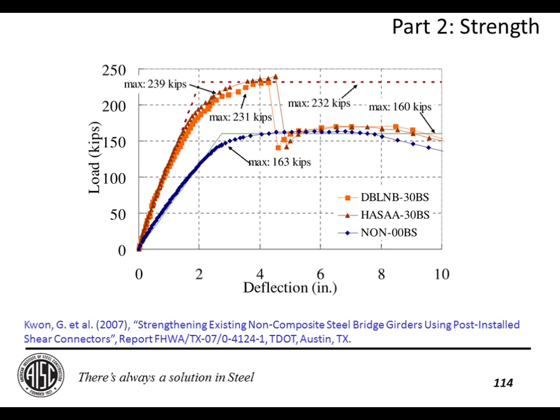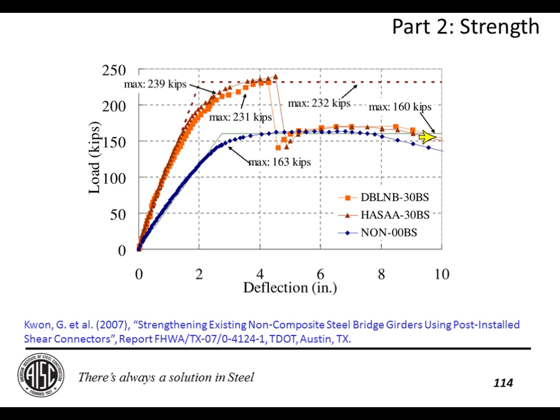This has been shown, again, in experiments. Here you're looking at a load versus deflection curve for a couple of beams. This beam here in blue was a non-composite member, so it was pushed up to failure. And then the beams in orange and red were composite members, and they were pushed all the way up until their shear transfer could not handle the ductility demand, so their studs ruptured, and down the capacity goes right back to your non-composite capacity.